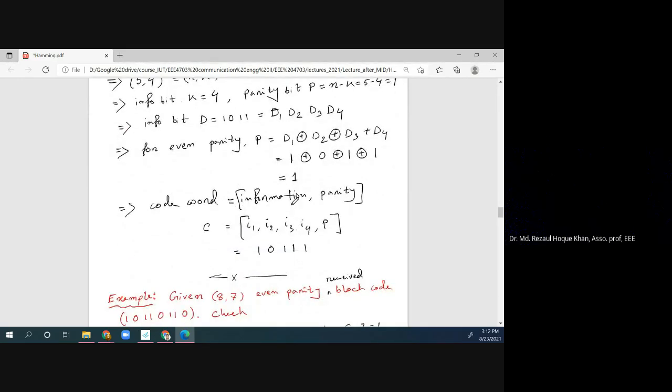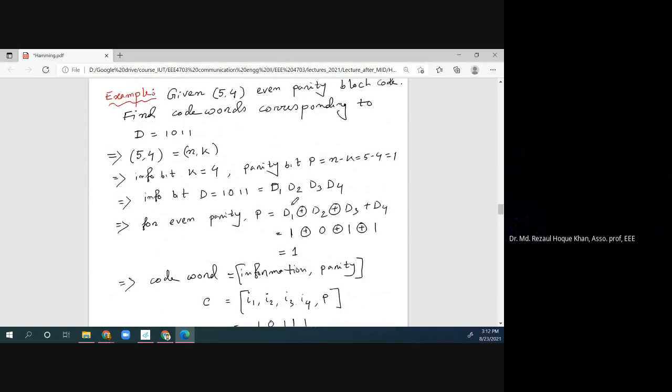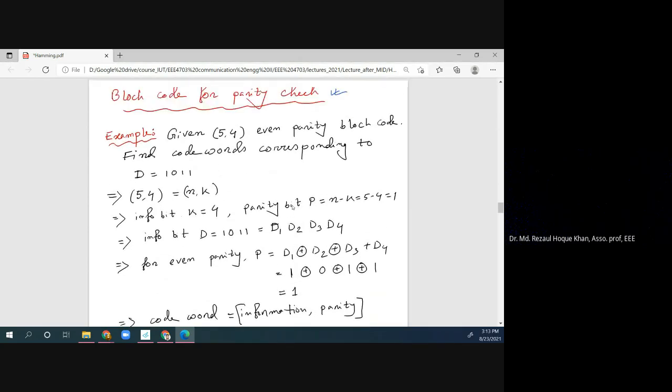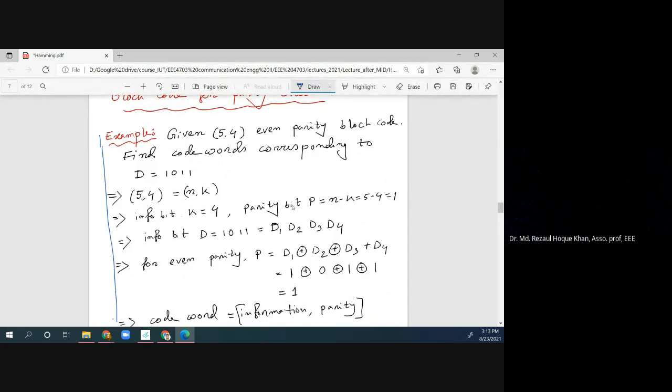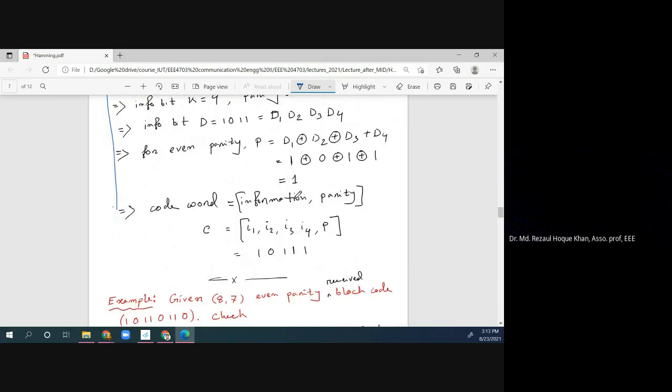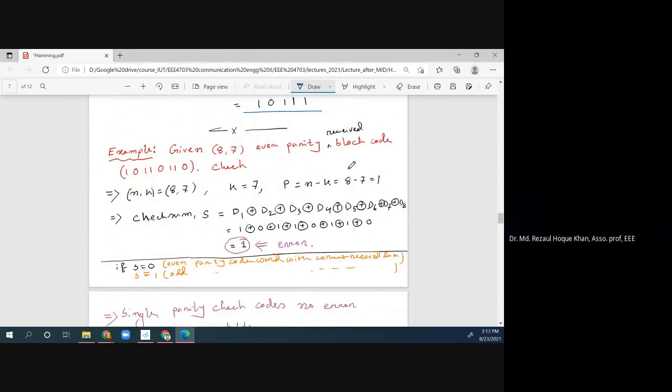We already have discussed this. This is the theory of how block code is expanded. We have already discussed the code word and how it is expressed. We don't have to go through this theory. It's the same thing. Now, given even parity, receipt block code, check.